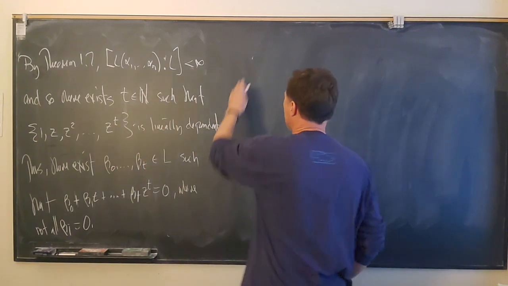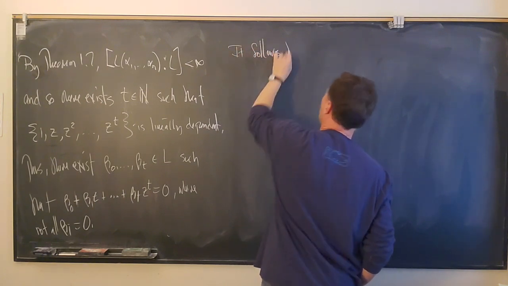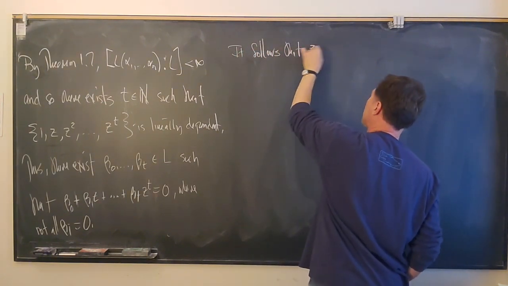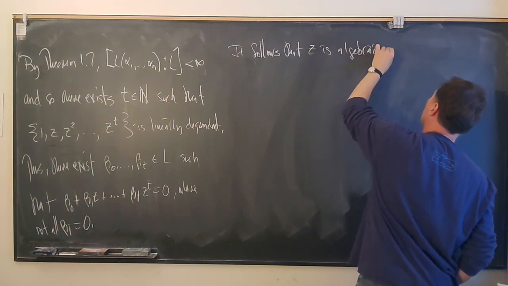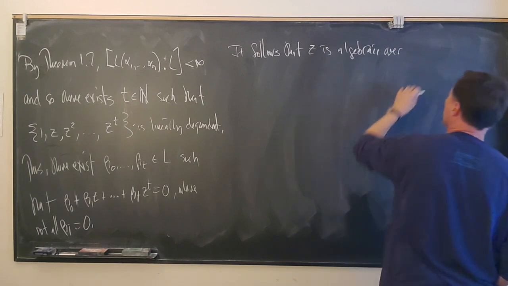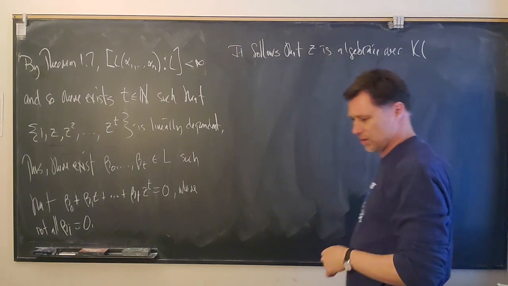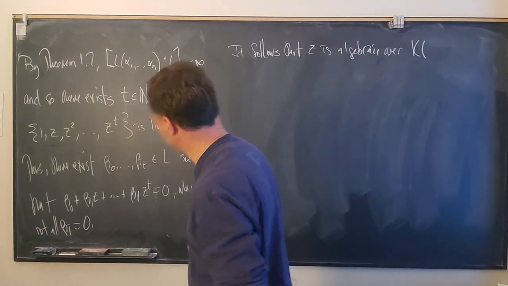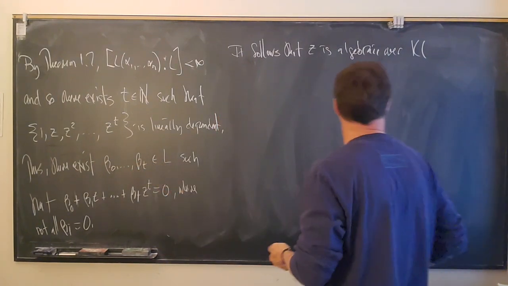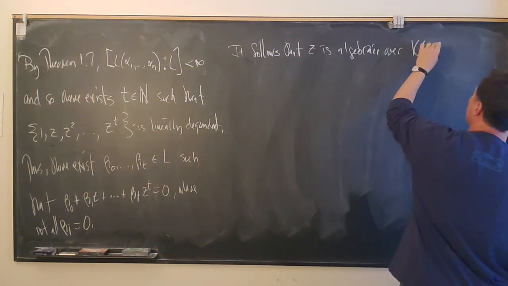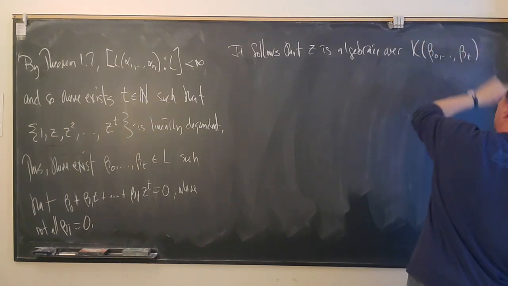It follows that z is algebraic over K adjoin beta 0 through beta t. We're choosing the coefficients in L, but because they're all betas, we can think of them as living in K adjoin beta 0 up through beta t.